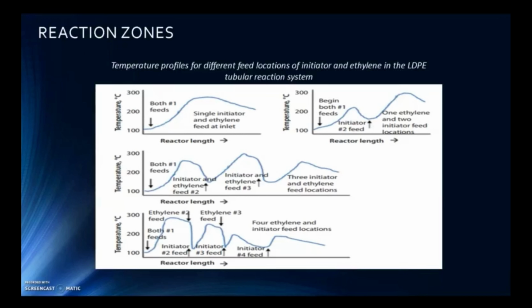The initiator is added in different positions inside the reactor, and we did this to understand the behavioral changes and overcome the heat of the reaction, as we can see from these graphs.